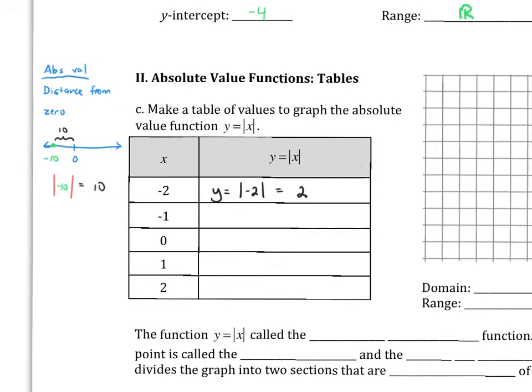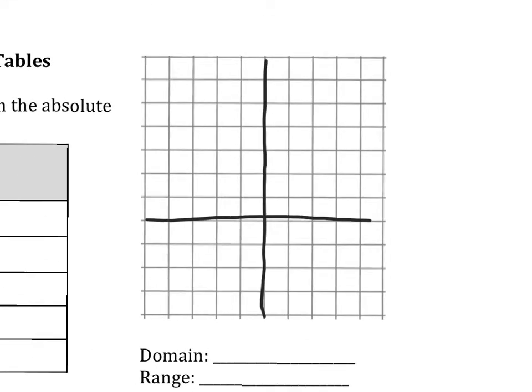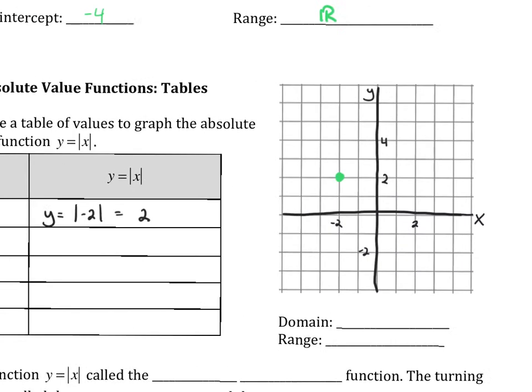If I were to plot this point over here, again, make sure to have some numbers for scale, something like this, then at -2, it's a +2. Input a negative, out comes a positive. All right.